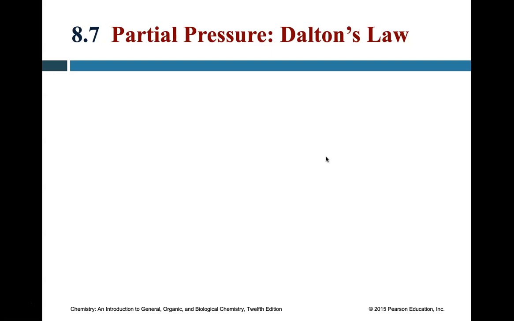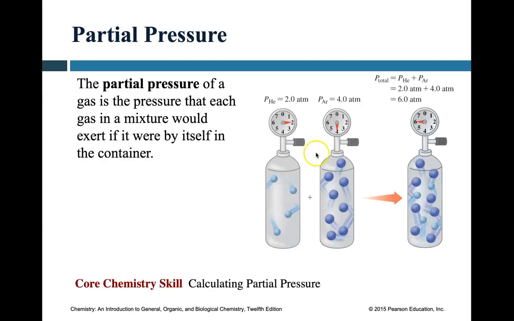Dalton's law deals with how the total pressure of a system behaves if you change the number of moles of individual components of a mixture. Partial pressure of a gas is the pressure that each gas in a mixture would exert if it were by itself. As an example, imagine we have a tank, and all these tanks have the same volume.